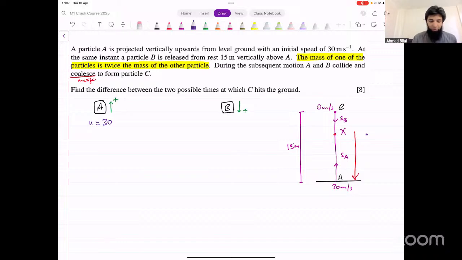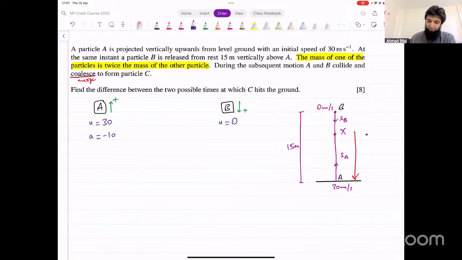All right. And what about acceleration? We are taking upwards as positive. Gravity acts downwards, so acceleration is going to be -10, right? What else? Do we have any other information? No. Okay, let's write it down for B as well. B is moving downwards. We take the downwards direction as positive for B. The initial velocity for B is 0.